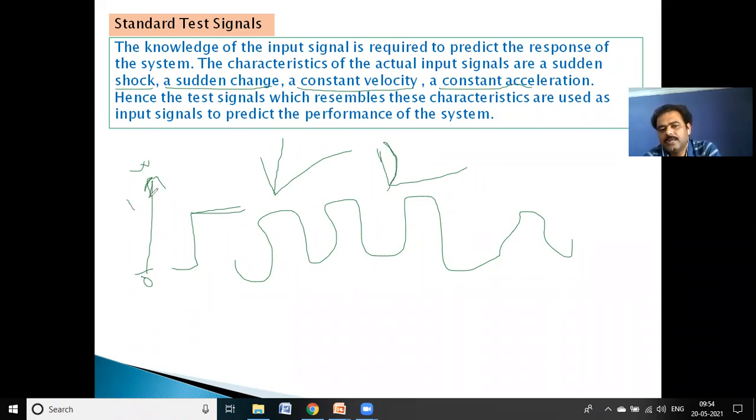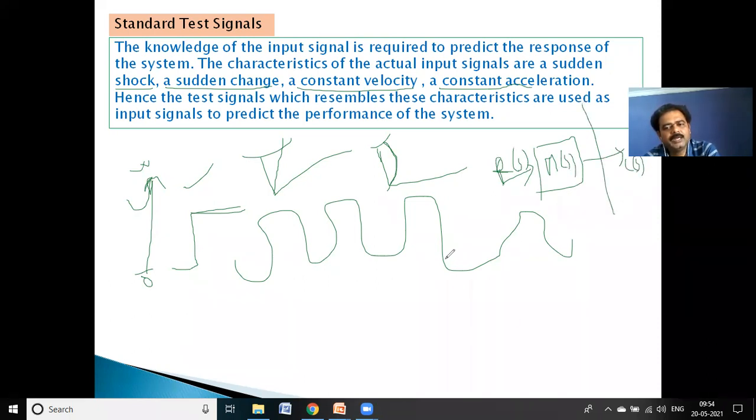Any practical input is a combination of these standard inputs. If any system is able to withstand the standard test signals, then the output can withstand any practical input.